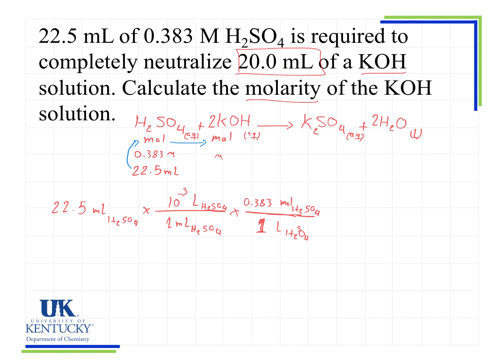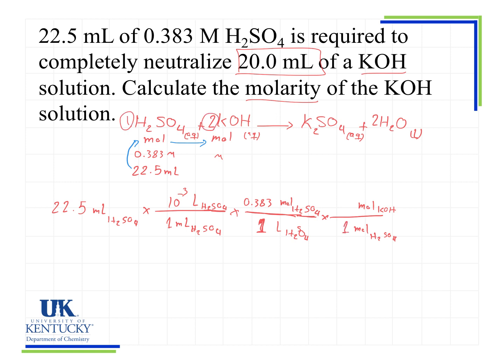So now I have the mole of sulfuric acid, but I need the mole of KOH. So I don't want the mole of H2SO4, I need the mole of KOH. And from the balanced chemical equation, I could see that 1 sulfuric acid needs 2 KOH, right?